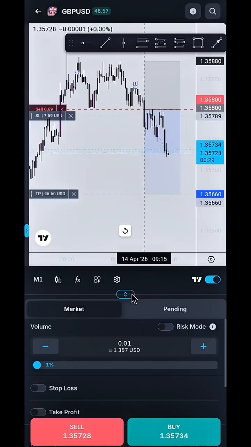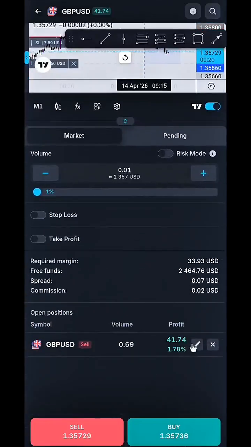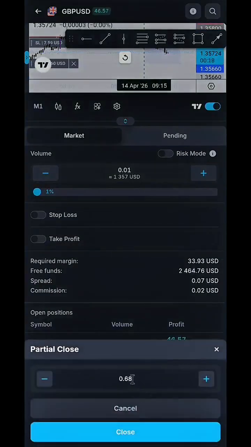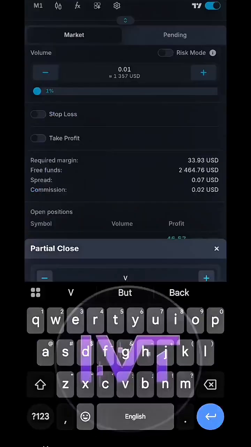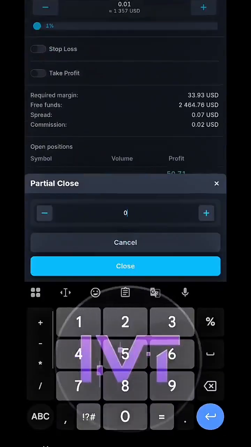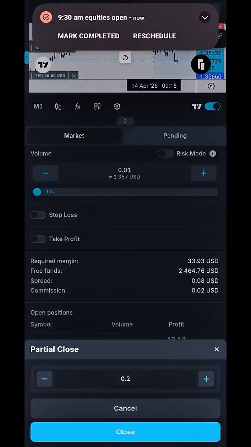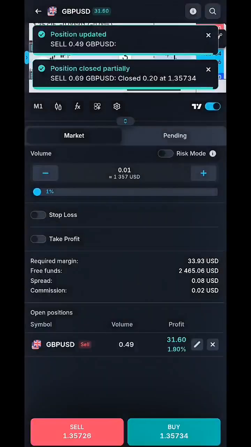I will set the stop loss to break even according to these spreads, and I'm going to cut the trade free. Then I don't want to suffer the full loss.